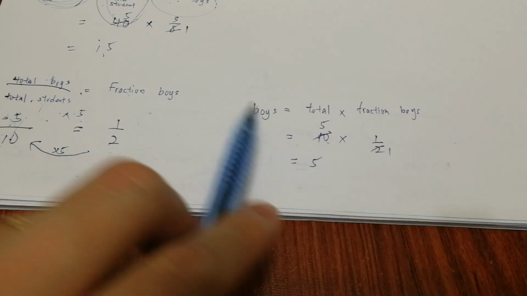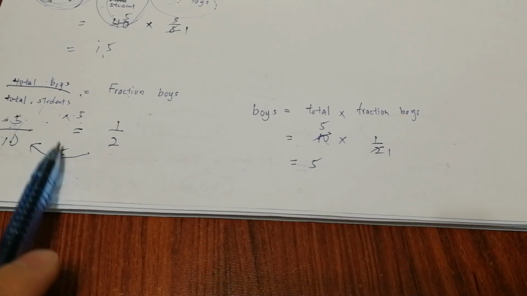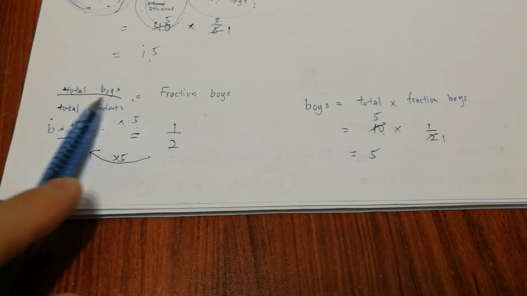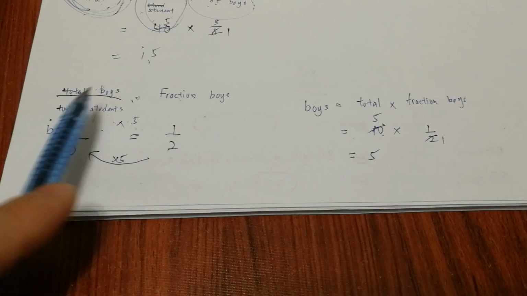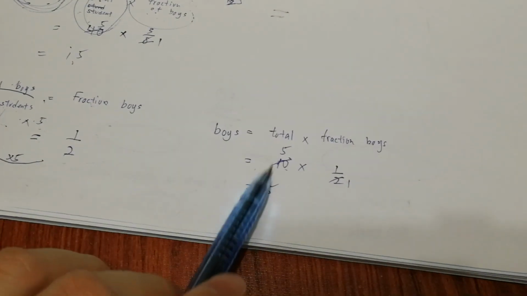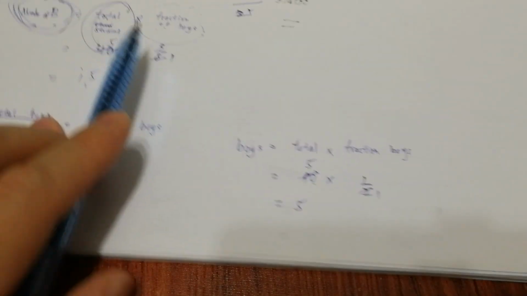Now, why I need to teach you the first method is because when you want to look for a number of students, it'll be a bit complicated for you when you use this fast method. Now, let me explain what I mean by that. Now, let's say you don't have total students.